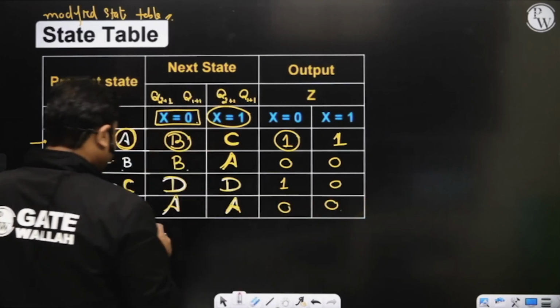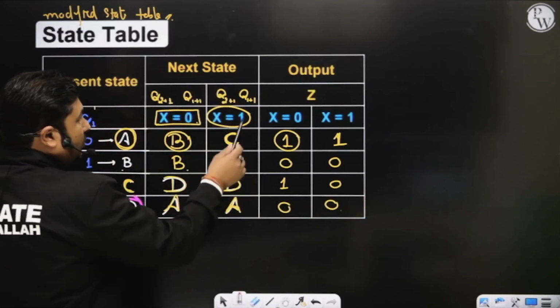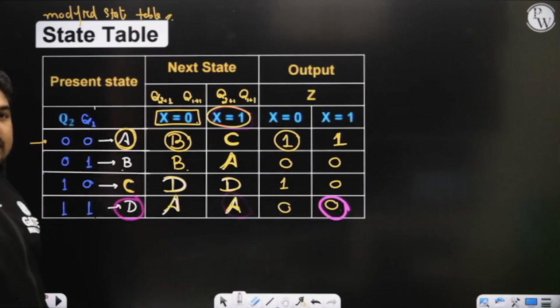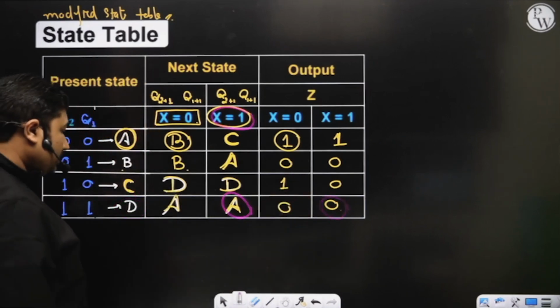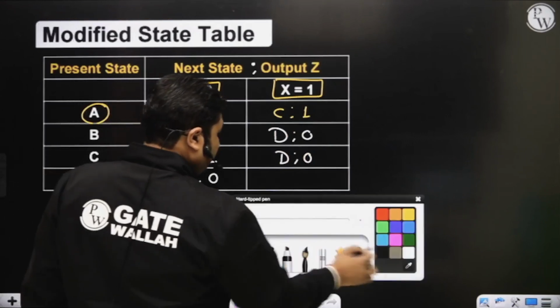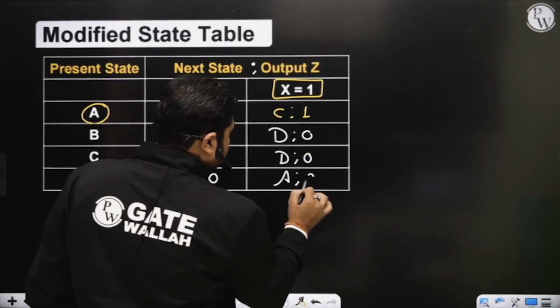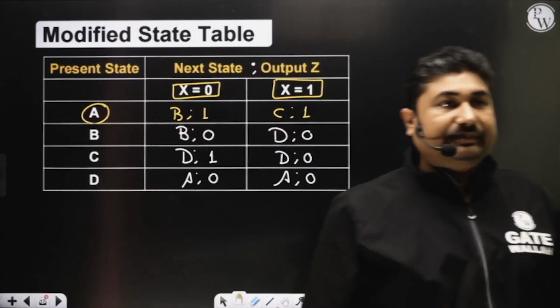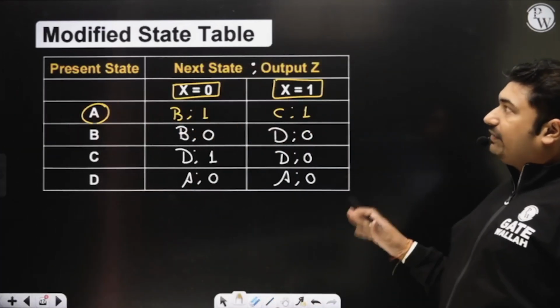Present state D with X equals 1: next state A, output 0. So A comma 0. This is how we need to write the state table finally. Now we have the final modified state table.